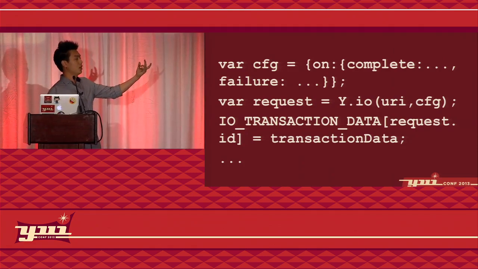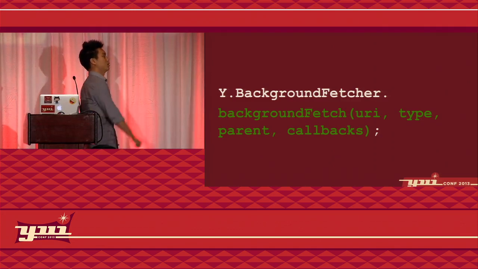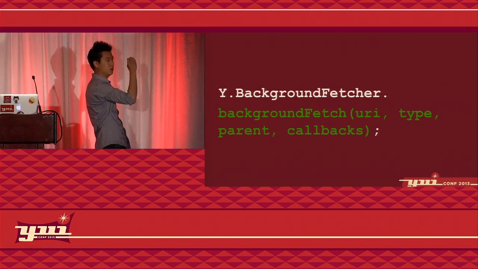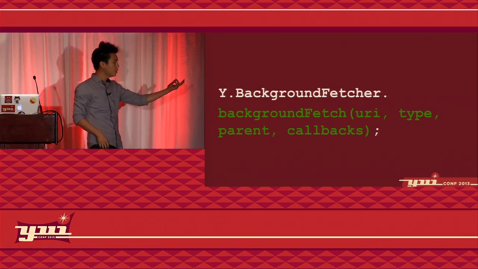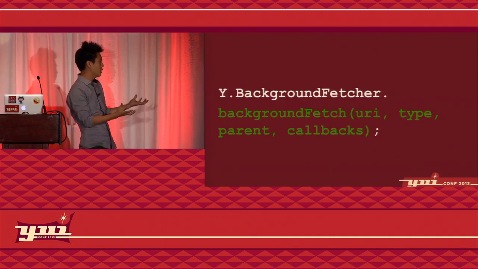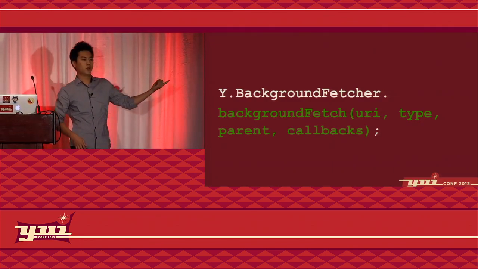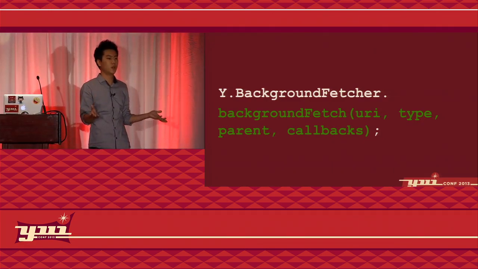We came up with a function that takes the URL and the type of URL, which explains what the URI is going to display, and the parent, which is the DOM element where the content will be displayed, and the callback function for after the URI has completely loaded or completely failed.